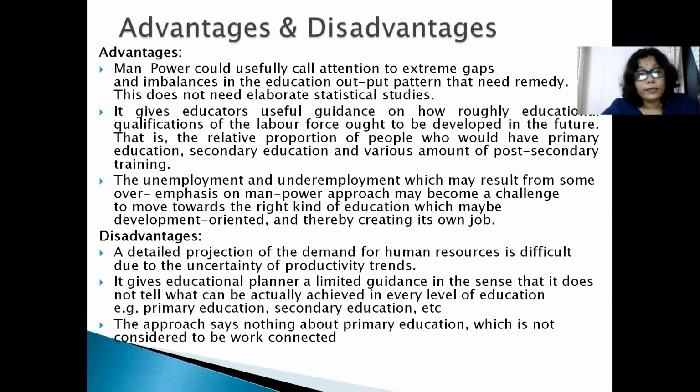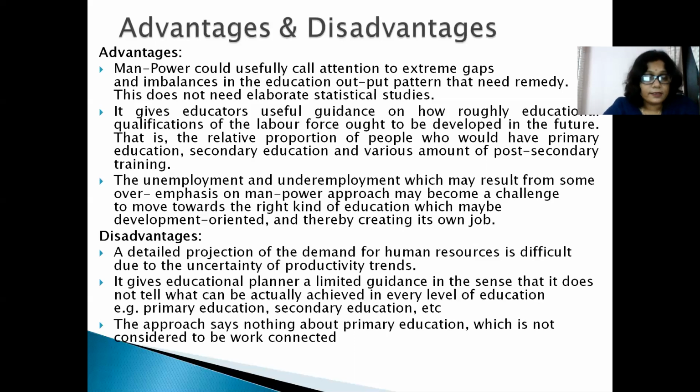That is the relative proportion of people who would have primary education, secondary education, and various amounts of post-secondary training. And another advantage is that the unemployment and underemployment, which may result from some overemphasis on manpower approach, may become a challenge to move towards the right kind of education, which may be development oriented and thereby creating its own jobs.